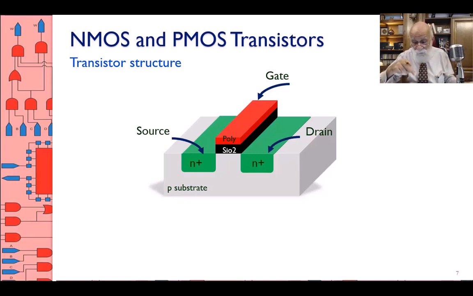There is also the gate, which is polysilicon, which is also conducting. And then between the gate and the substrate is silicon dioxide, which is not conducting. So I have drain is conducting, source is conducting, gate is conducting. The silicon itself is not conducting, but it does have few electrons in it. Okay?